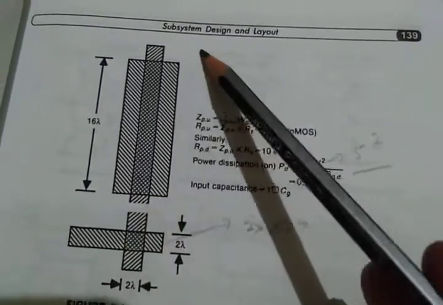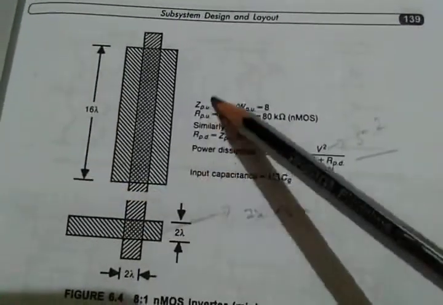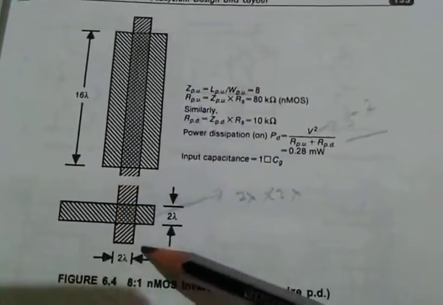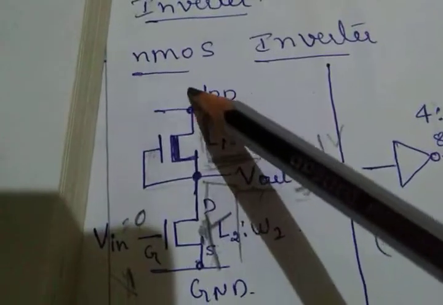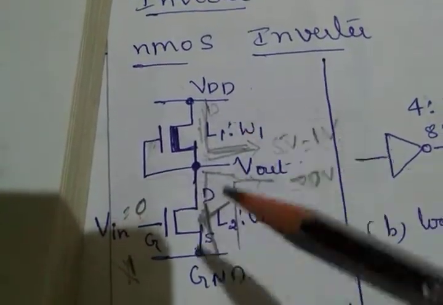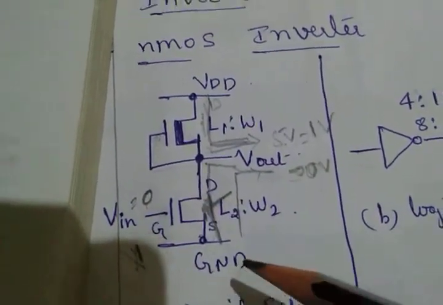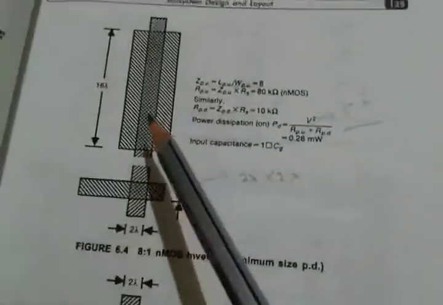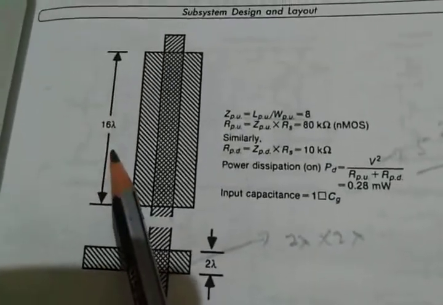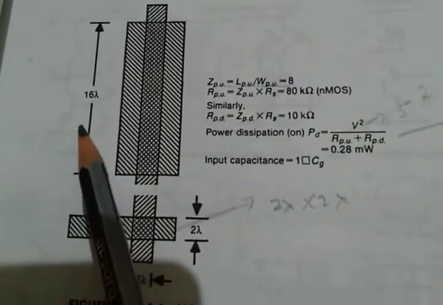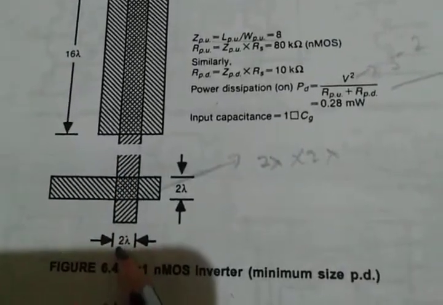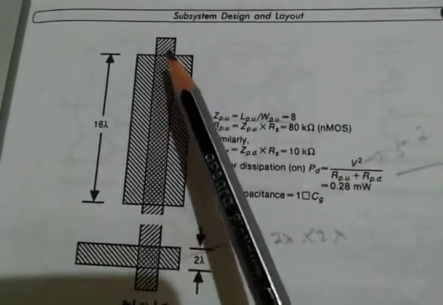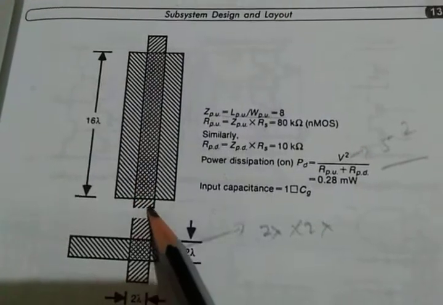This is my pull up region and this is my pull down region. The top one is the pull up region and this is the pull down region. So here I am considering length as 16 lambda and width as 2 lambda. So this is the length and this is the width.